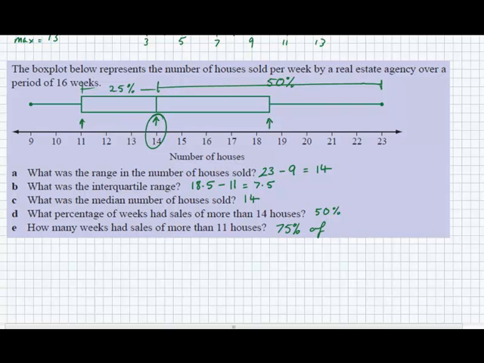Sorry, how many weeks, not houses. There's 16 weeks, as the question states. So 75% of 16. And if you use your calculator to do that, remember it's 75 over 100 times 16, and that should give you 12. Okay, that's the end.